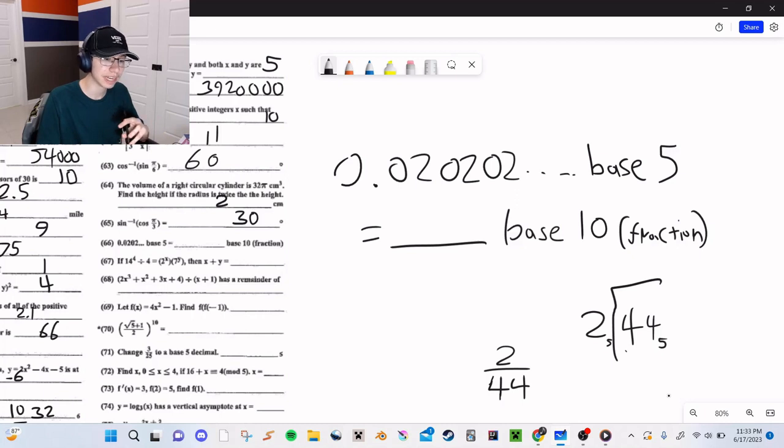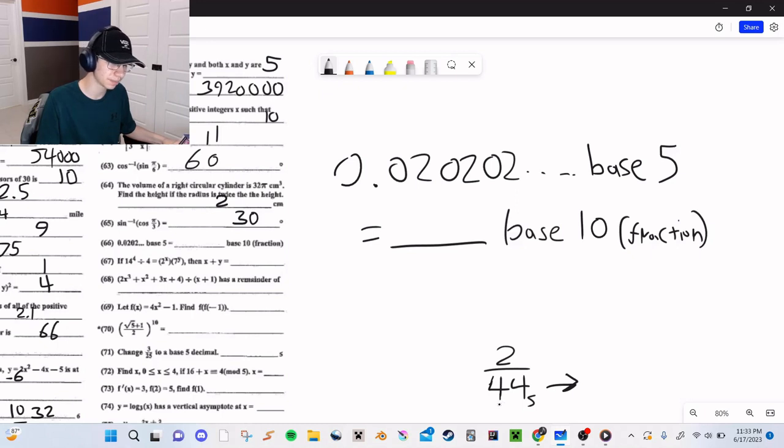So the way I'll divide here, instead of doing long division like this, what we're going to do is change 44 base 5 into base 10. So let's do that trick from the last video. We're going to do 4 times 5 plus 4.